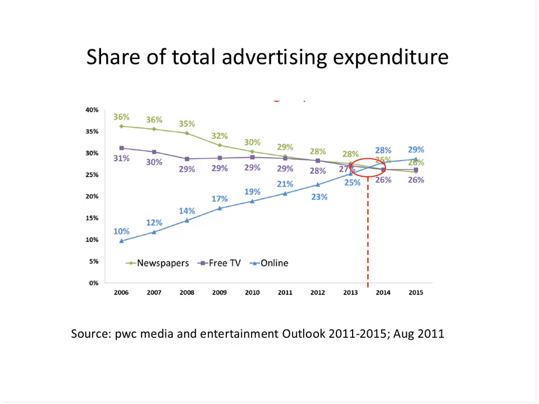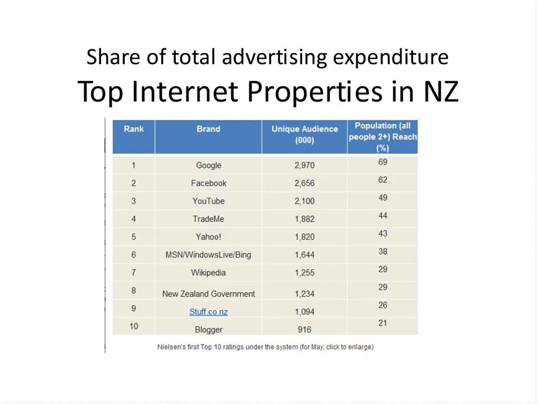That being said, I wouldn't be recommending straight away you dive into spending 23% or 25% of your total advertising dollars online. That's a much more complicated, strategic decision. So we'll talk a little bit about how you might actually reach that understanding.